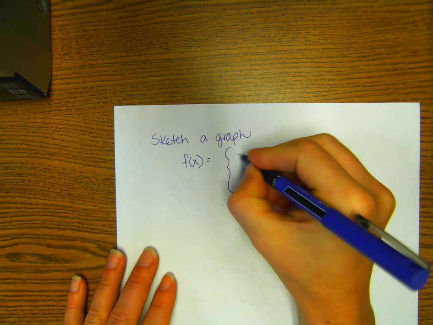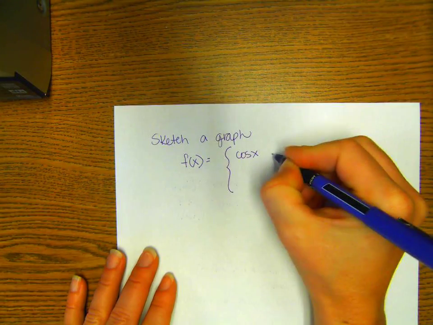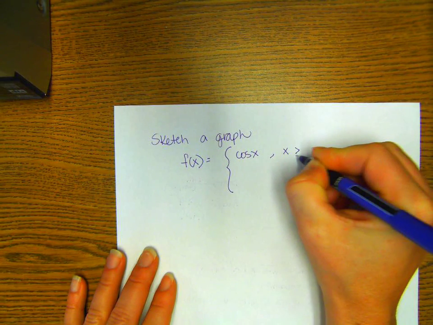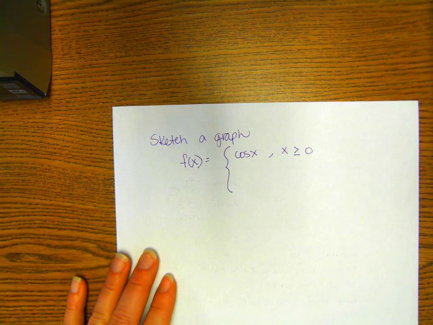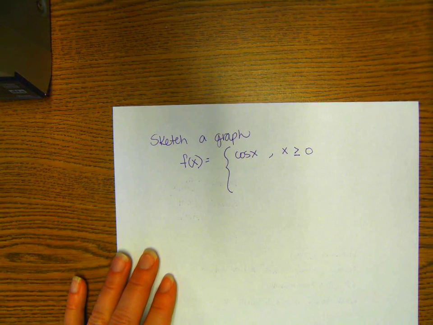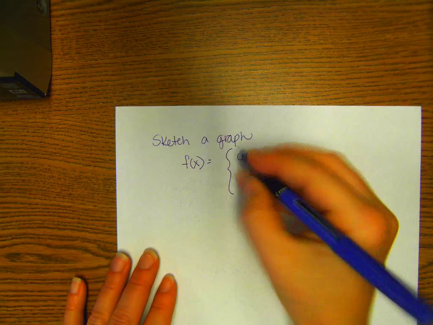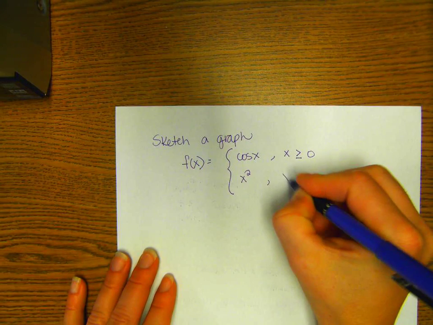Let's do cosine of x when x is greater than or equal to 0. And then let's do x squared when x is less than 0.